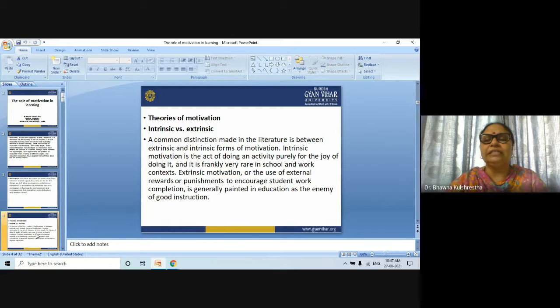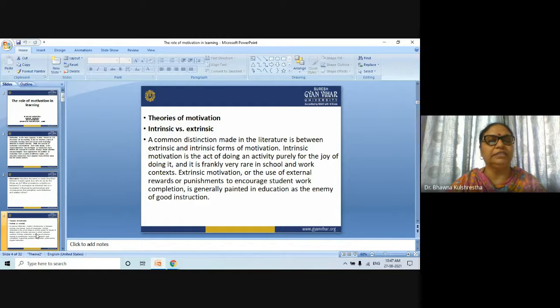This is true to a certain extent, because as learning is comparable to exploration, the use of rewards or punishments tends to outline a boundary around how much a student should explore.